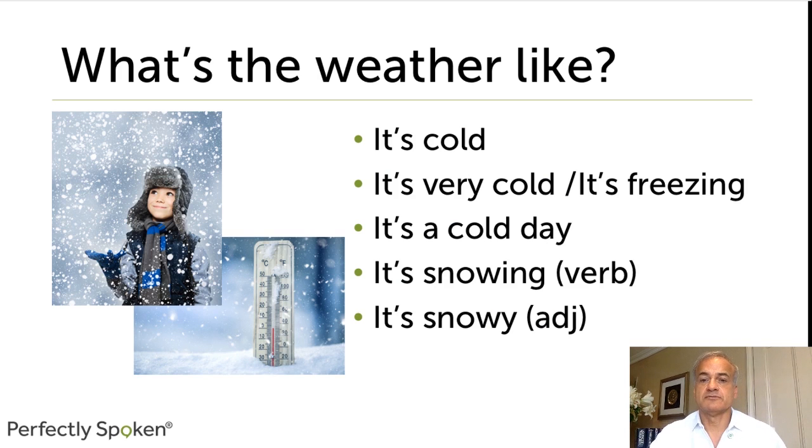It's cold, or it's very cold. It's freezing. We say that a lot. Exaggeration. It's a cold day. It's snowing. With the verb to snow. It's snowing at this moment, now. Present continuous, it's snowing. Or it's snowy, adjective.